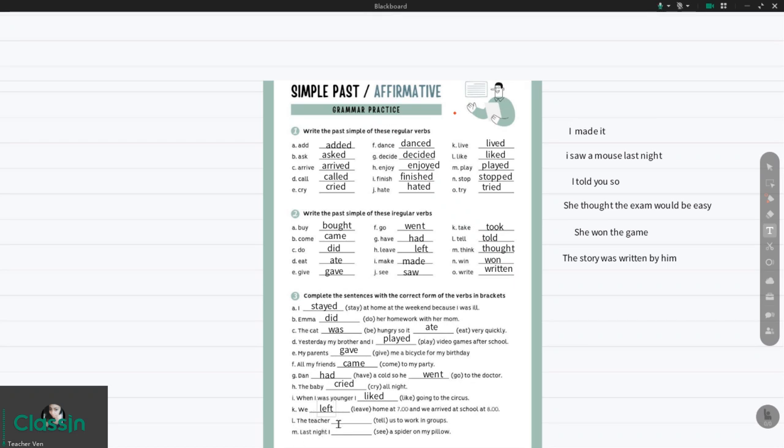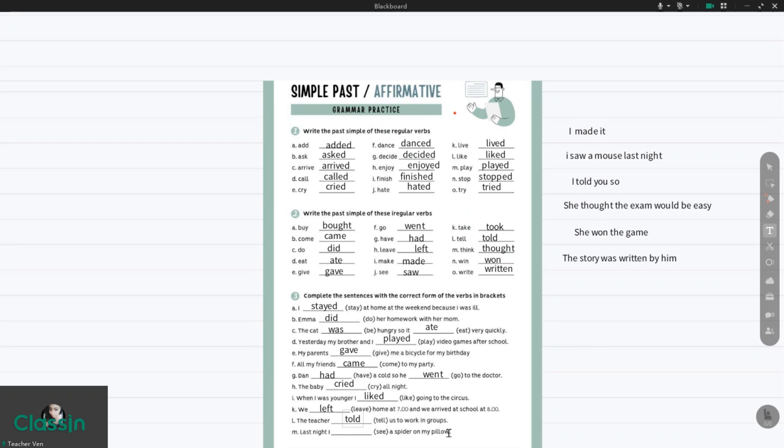The teacher blank tell us to work in groups. Tell, the word tell. Okay, are we seeing it here? The word tell. Here, I can see it here. Letter L. Tell becomes told. Okay, so let's try putting it here, the word told.